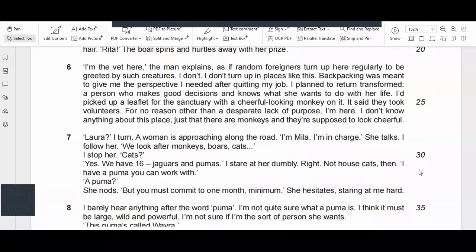I wanted to go back home as a changed person, someone who makes sensible choices and understands her goals. So one day I saw a small brochure with smiling animals on the front. It mentioned that the center accepts helpers. So with no real direction in my life, and nothing better to do, I decided to come. I actually know nothing about this organization. All I understand is that they have certain animals here, and in the pictures, they seem happy.